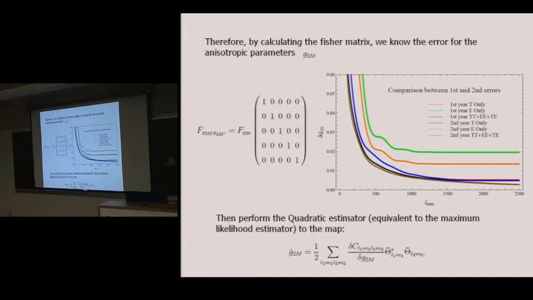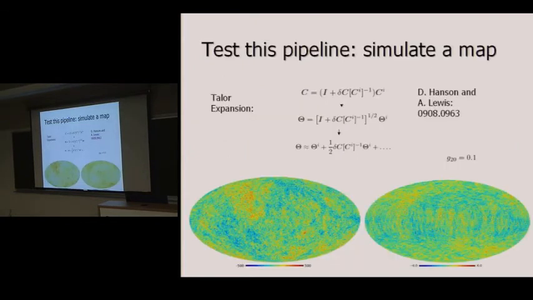And this is the error we forecast for Planck. The most important thing is that once we have a map, how can we estimate the amplitude of all of these coefficients, the G2Ms?